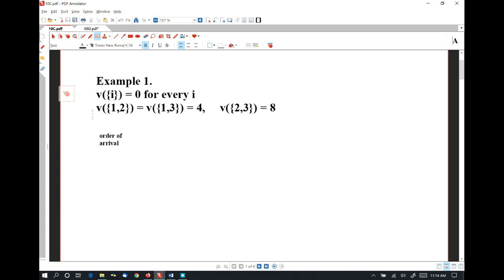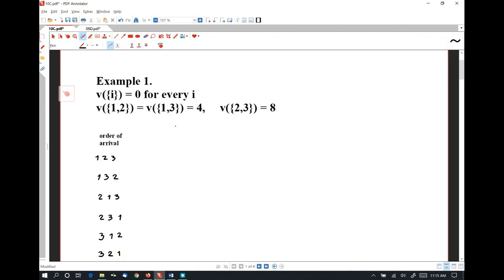So the players can arrive in the following orders: first 1, then 2, then 3; or first 1, then 3, then 2; or first 2, then 1, then 3; or first 2, then 3, then 1; or first 3, then 1, then 2; or first 3, then 2, then 1.